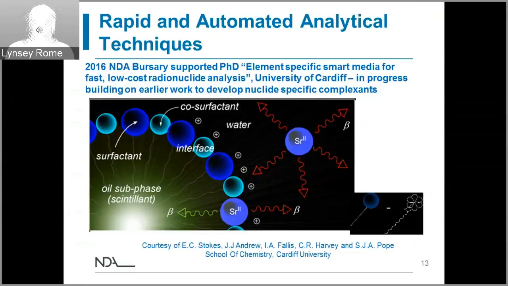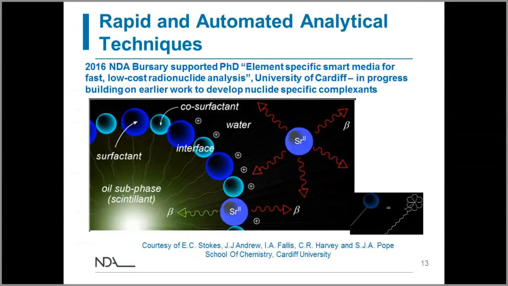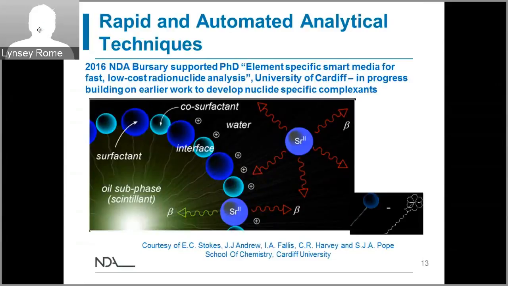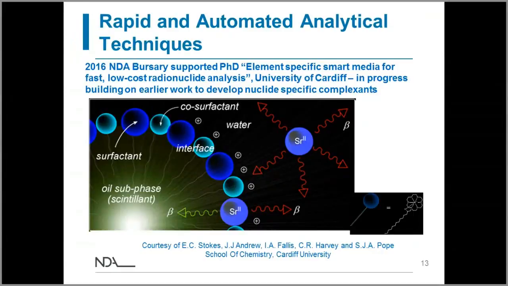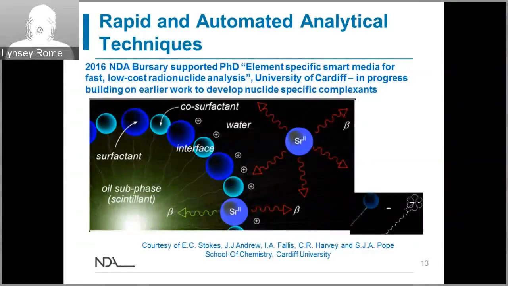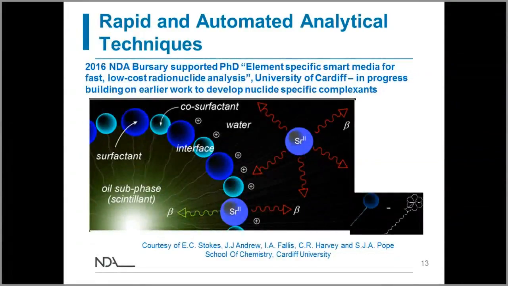Basically, this was building on earlier work to design and synthesize novel extractants for specifically targeted liquid scintillation counting or fluorescent counting. These surfactants are now looking at putting these onto a matrix, so as to form a smart media card, if you like, which will then selectively extract from whatever medium you might be looking at.